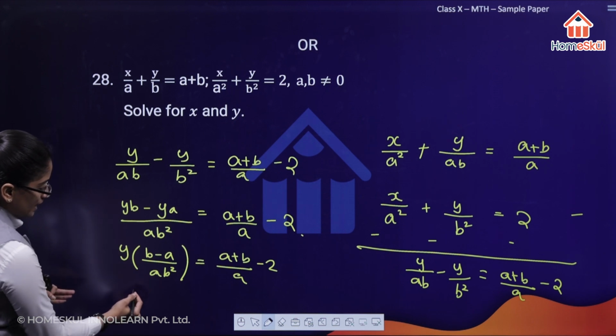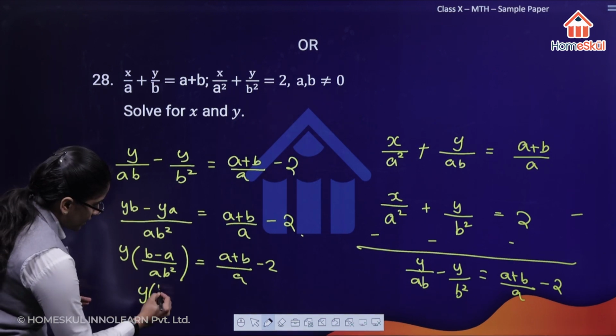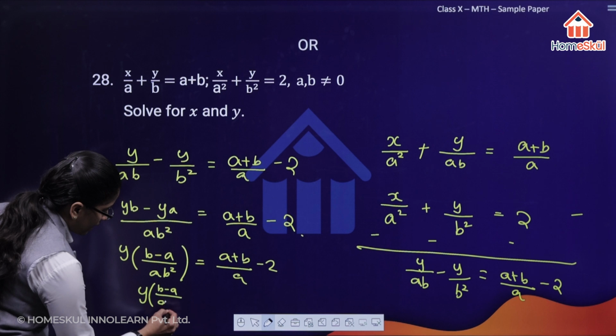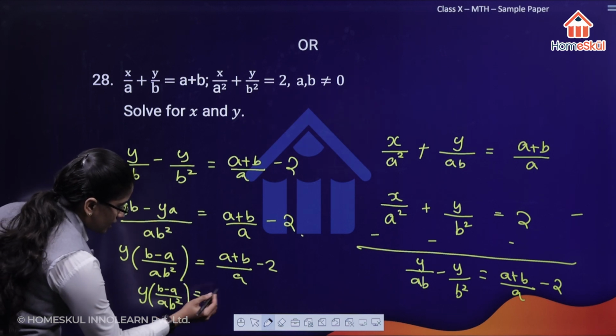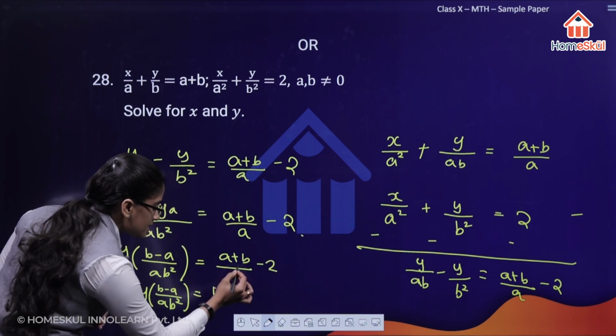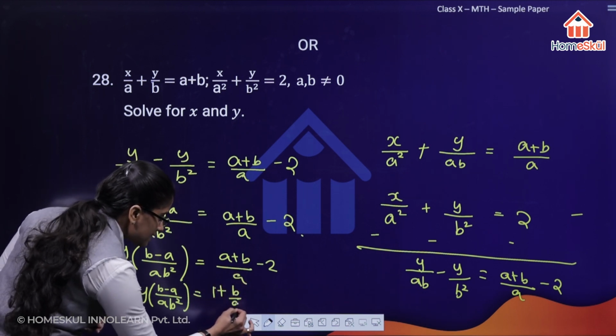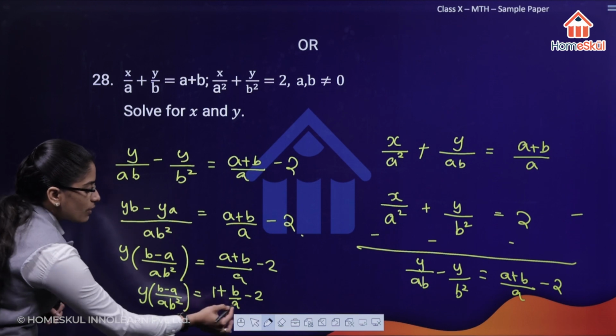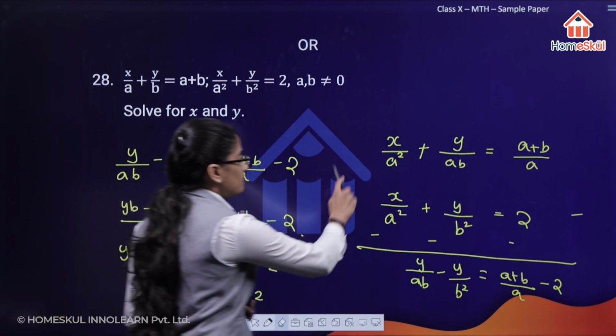That means we are getting y times (b minus a) by ab square is equal to, splitting this denominator, a by a will be 1 plus b by a as it is, minus 2. What is 1 minus 2? It is minus 1, isn't it?